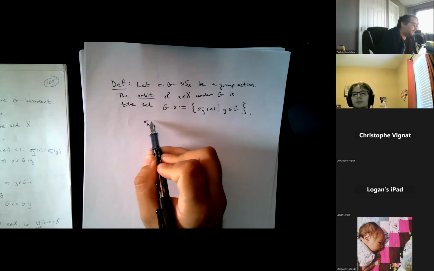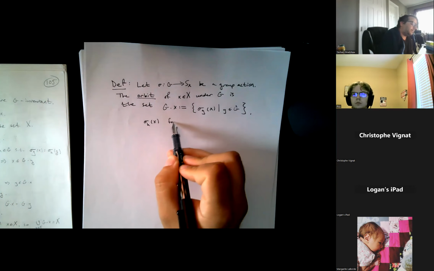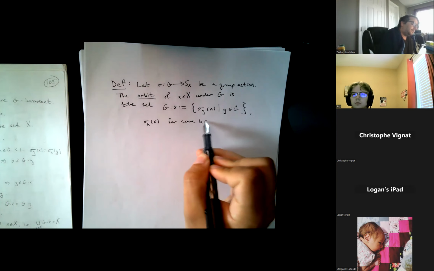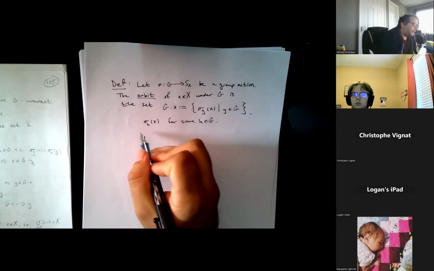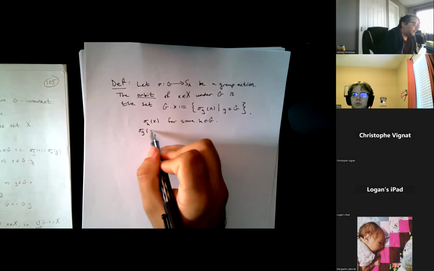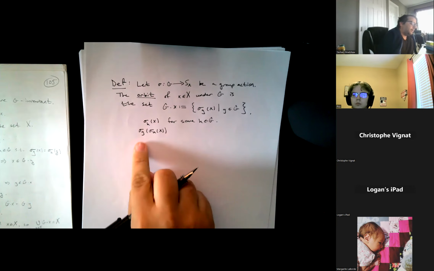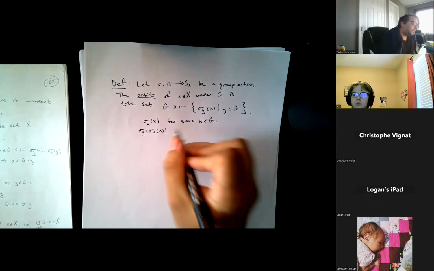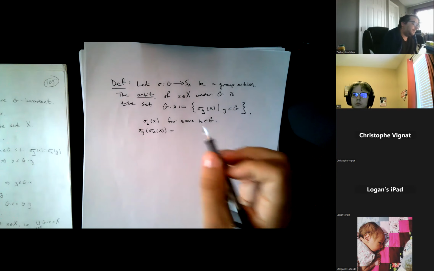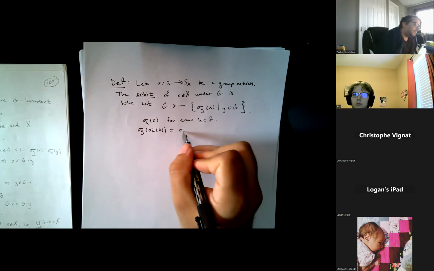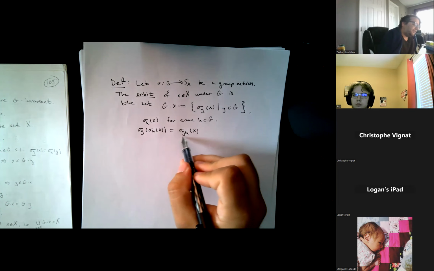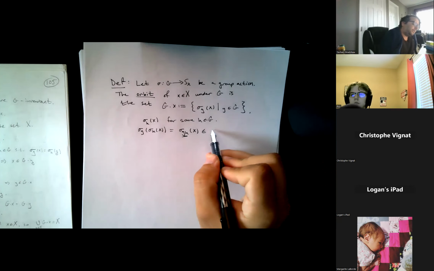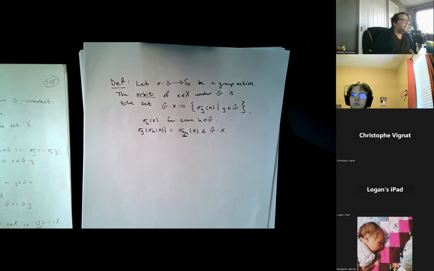It looks like sigma h of x for some h in G. And if I want to act on this by any old element of the group, well, I'm assuming that sigma is a homomorphism. So this is equivalent to sigma gh of x. And gh is, of course, an element of the group. And so this must be in the orbit. So the orbit itself is G invariant.